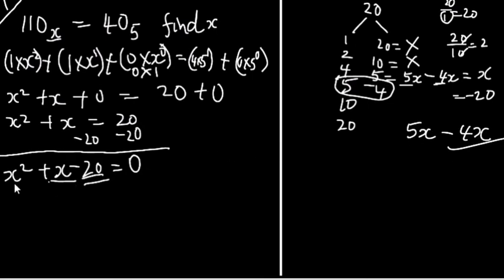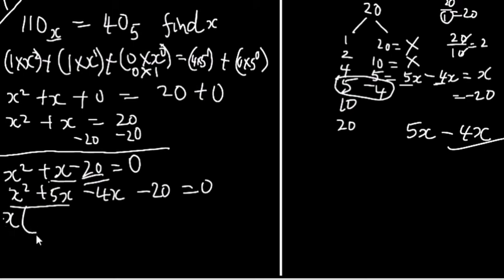Now we can write the equation as follows: x squared plus 5x minus 4x minus 20 equals 0. So we have 4 terms. Now we take the first two expressions. What is common to the two of them? The common factor here is x.